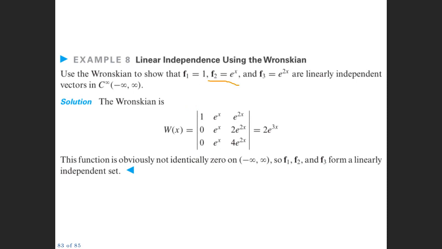And then we move on to the second function, e to the power x. Differentiate e to the power x, we get e to the power x. Differentiate it the second time, we still have e to the power x, and so on. The Wronskian, the determinant of this 3 by 3 matrix, is 2e to the power 3x, and this is not equal to 0 anywhere. So that tells us that f1, f2, and f3 are linearly independent.